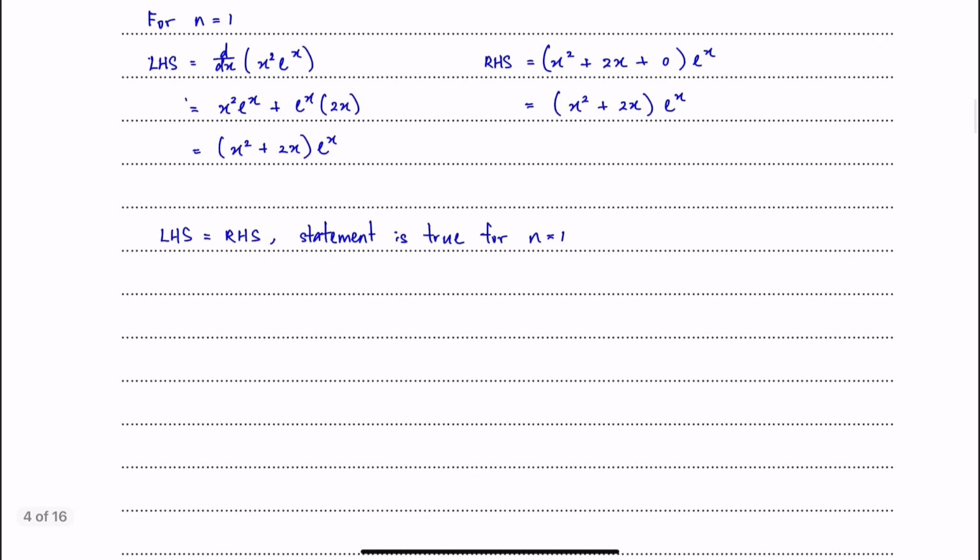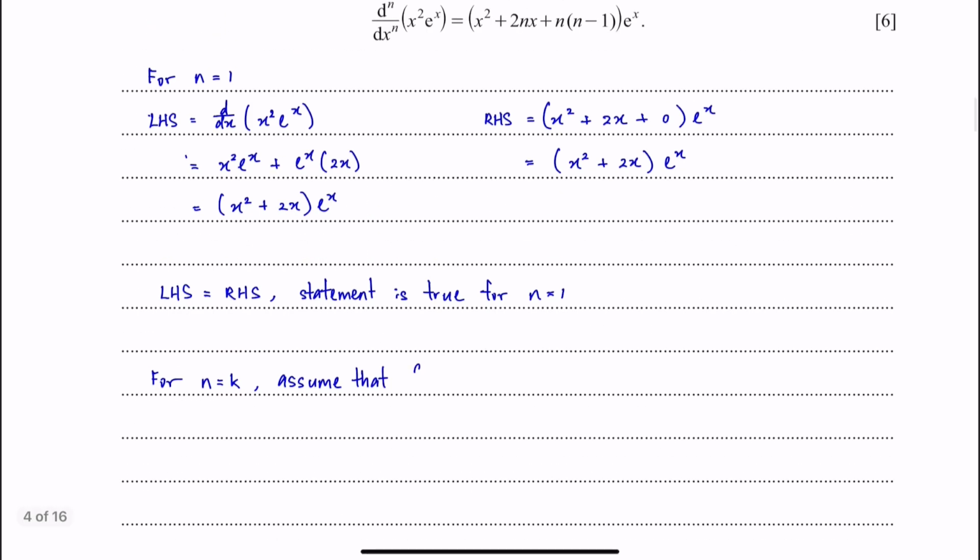And for the second part, for n equals to k, we assume that this, so we just rewrite the whole statement out, but we sub k into n instead. So we assume this whole statement is true.